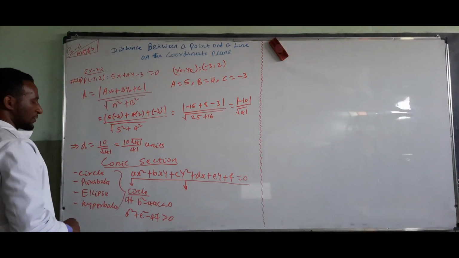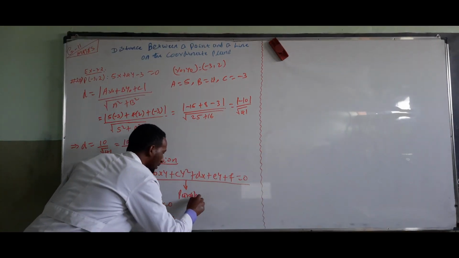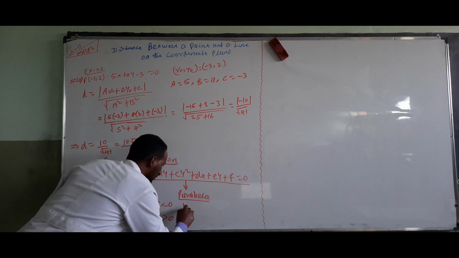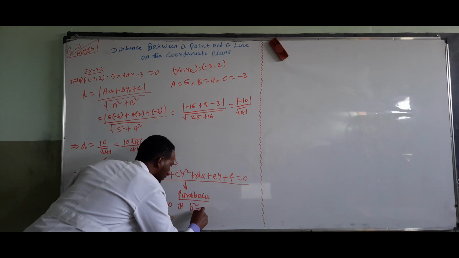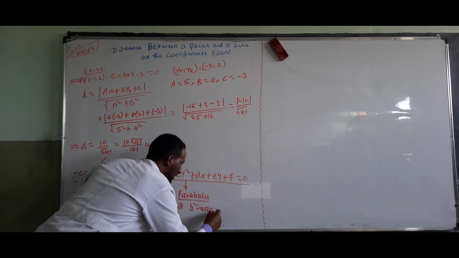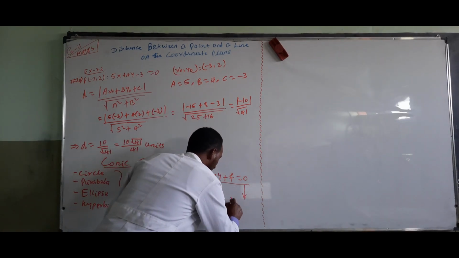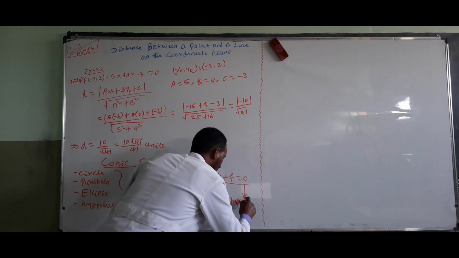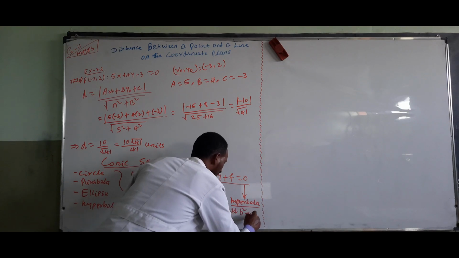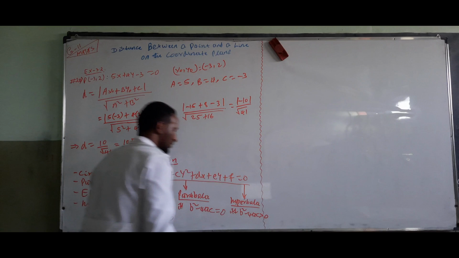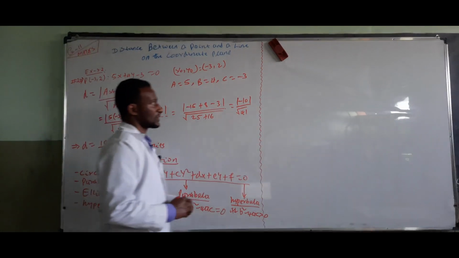And this equation becomes a parabola if and only if b square minus 4ac is equal to 0, and it becomes a hyperbola if and only if b square minus 4ac is greater than 0. Then let us see about circle.